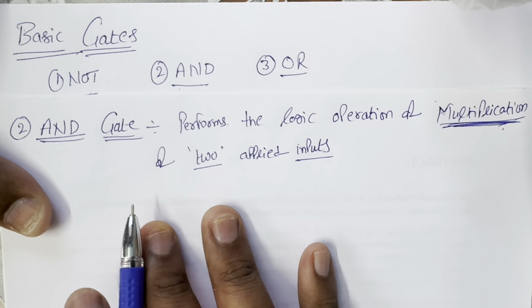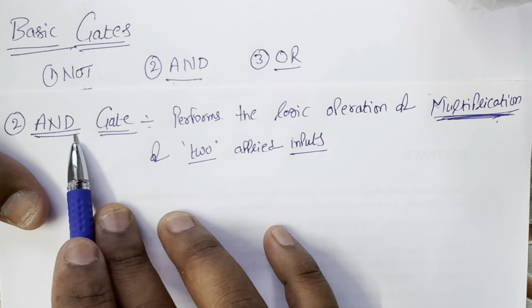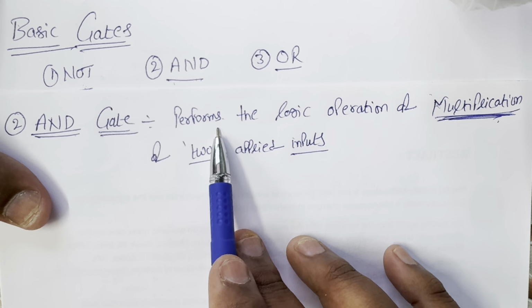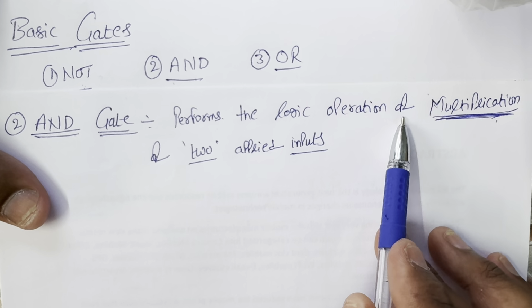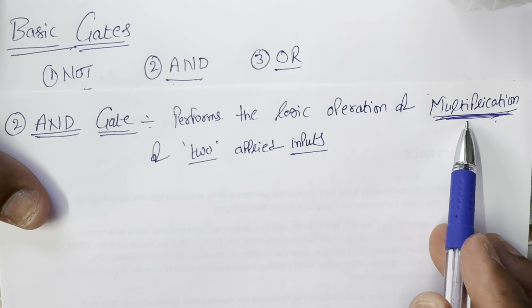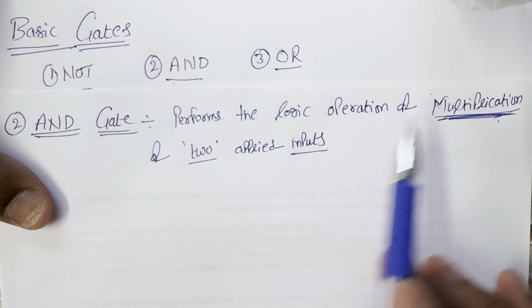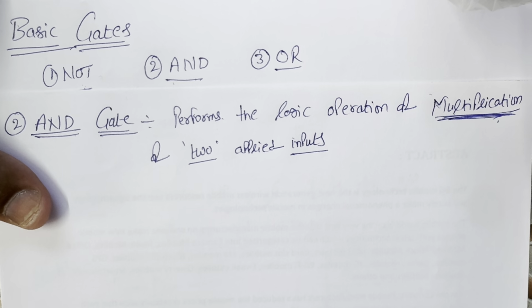The purpose of this AND gate is to perform the multiplication of two applied inputs.